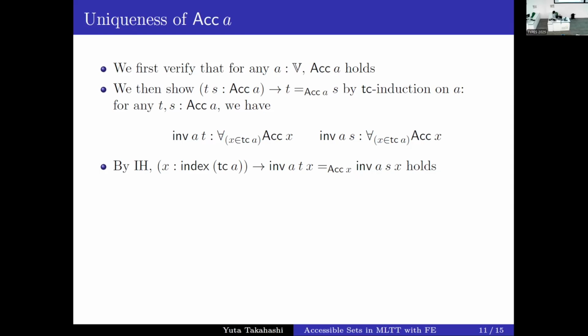Then, as induction hypothesis, we can assume that for any set X below A, arc X has a unique proof. So we can identify these terms.